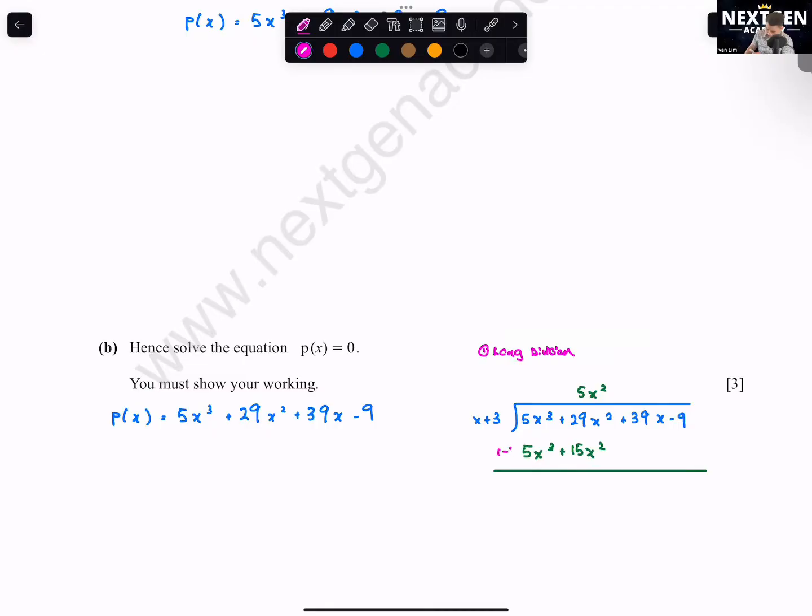Okay, put a minus sign here. 29 minus 15, 14x squared plus 39x. You'll get plus 14x. So you get 14x squared plus 42x. Put a minus here. 39 minus 42, minus 3x minus 9. Okay, then the last one will be minus 3.